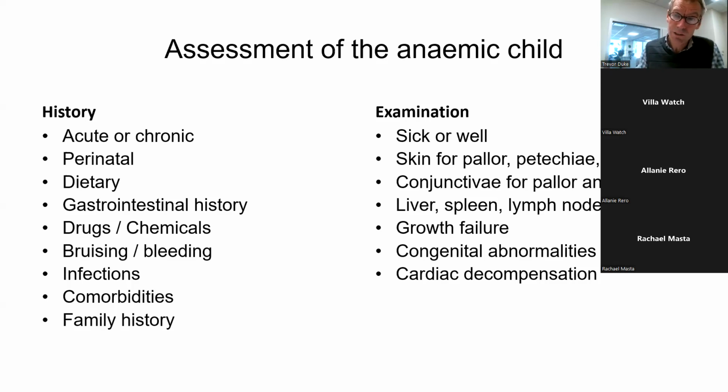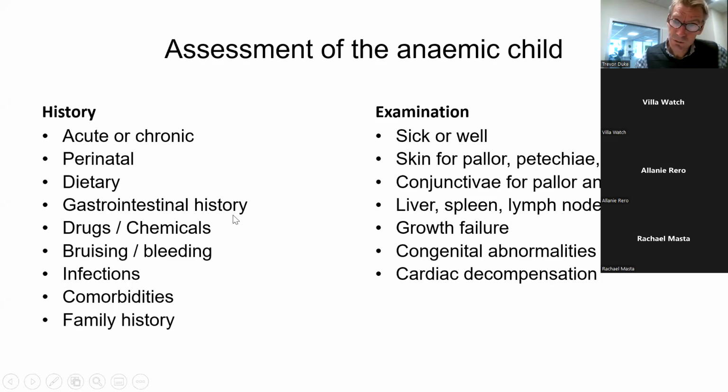You want to ask particularly about whether the child's eating iron-containing foods like meats or green vegetables or rice cereal or other pulses like beans. If the diet is very deficient in those, then that can give you a clue as to why the child might have nutritional anemia.